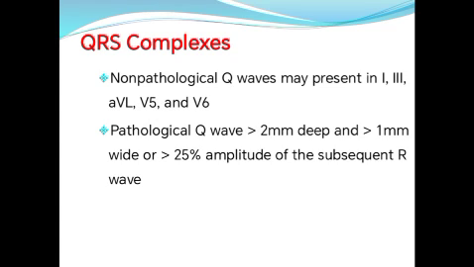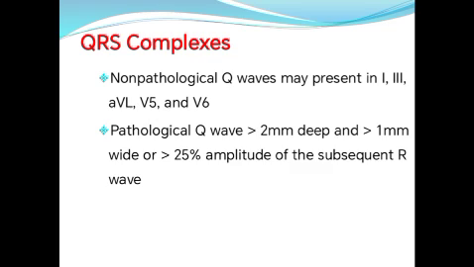A pathological Q wave is more than 2 mm deep and more than 1 mm wide, or you can say more than 25% of the amplitude of the subsequent R wave. You should consider it pathological if it's like that.